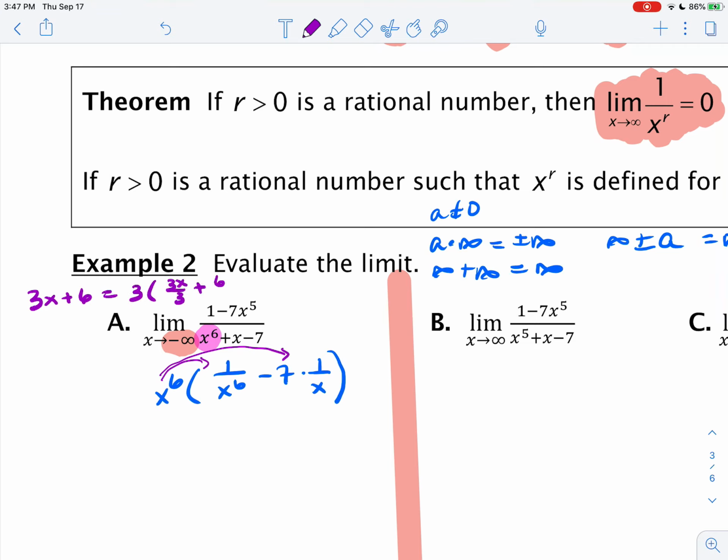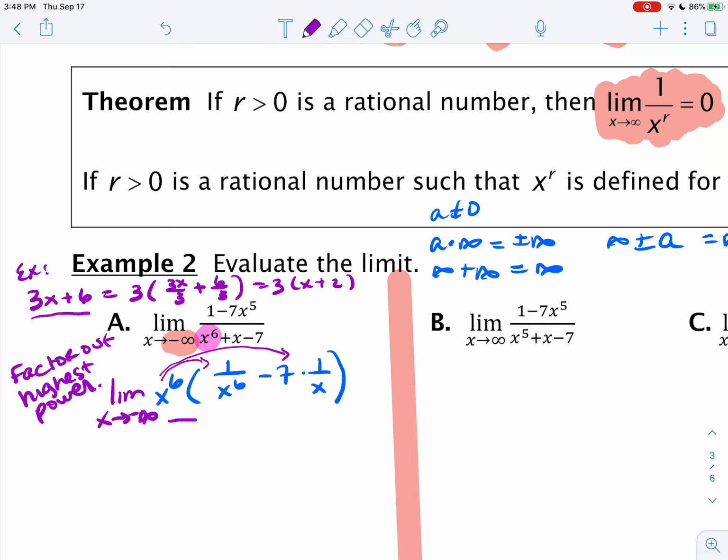If we wanted to factor out the 3, that would be 3x divided by 3 plus 6 divided by 3. So we're just dividing out by x to the 6th in the same way, and we would end up with x plus 2. Good. So that if we distributed the 3, we would end up with what we started with, just as an example. So here we pick our highest power, so we want to factor out the highest power from the top and bottom.